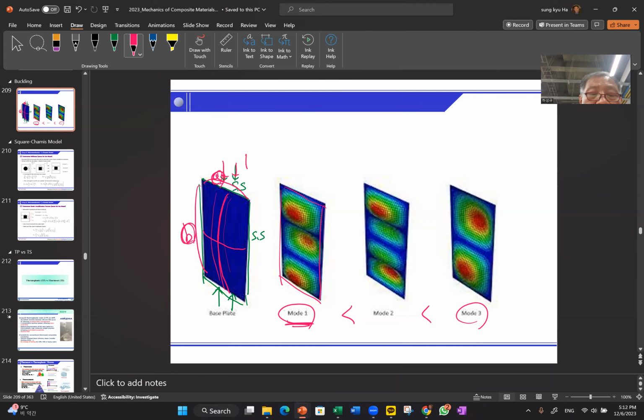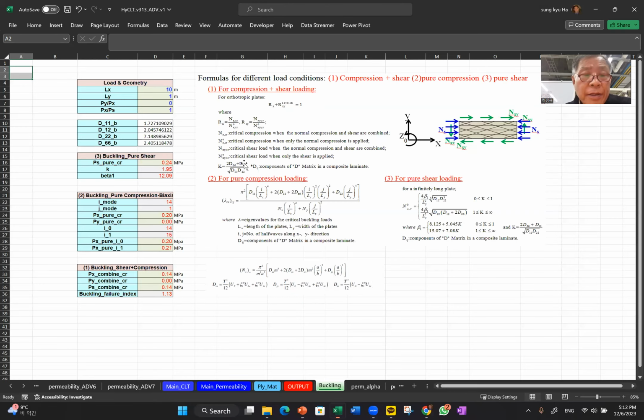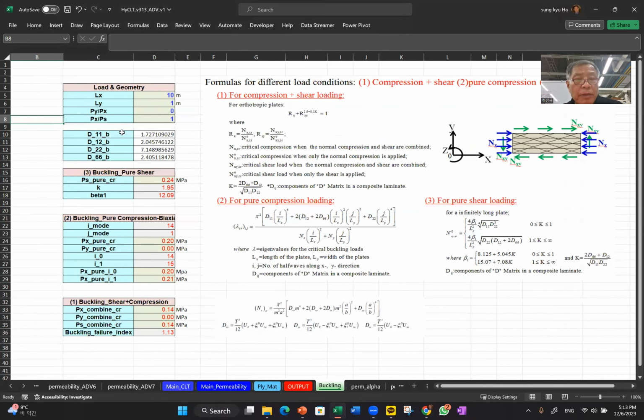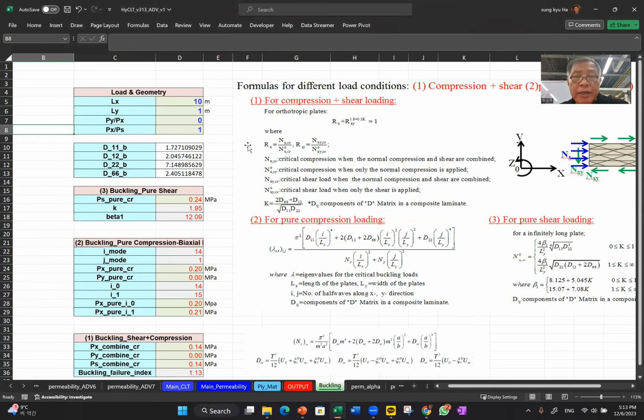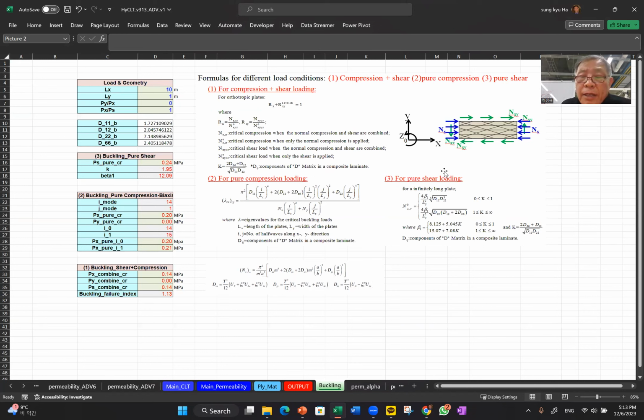So this is the P critical, and this mode will depend on the A and B. I don't mean to give you a full lecture on buckling, but to give you some very basic idea about buckling.